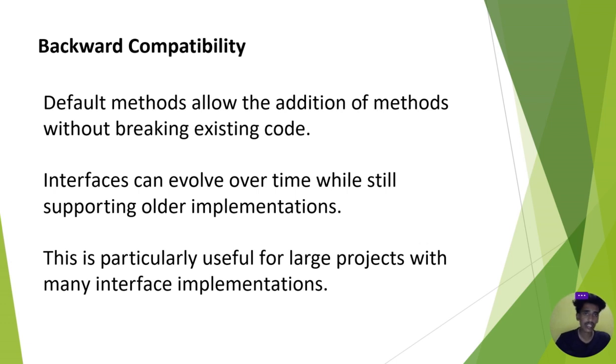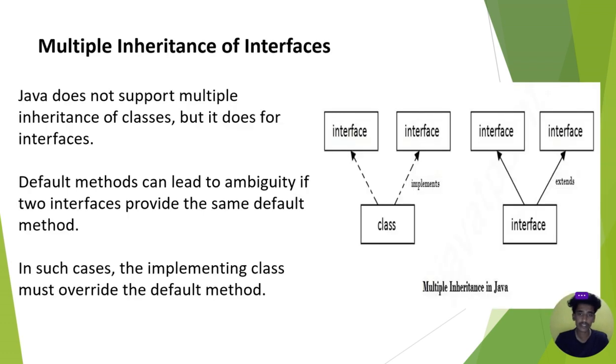Default methods allow the addition of methods without breaking existing code. Interfaces can evolve over time while still supporting older implementations. This is practically useful for large projects with many interface implementations.